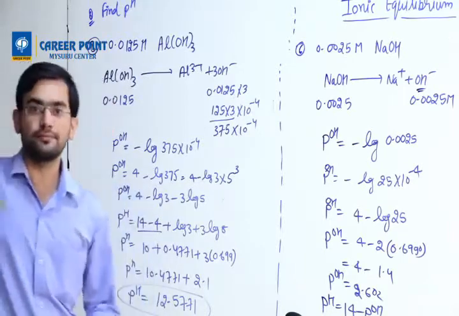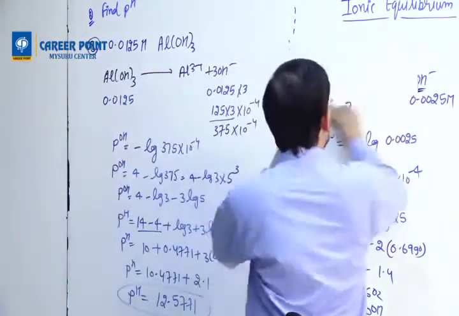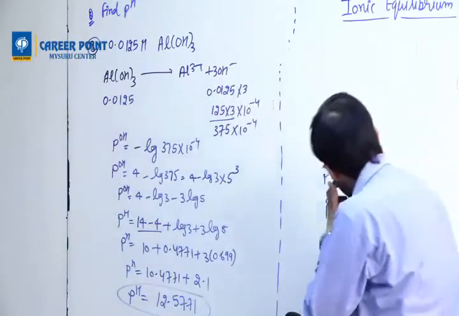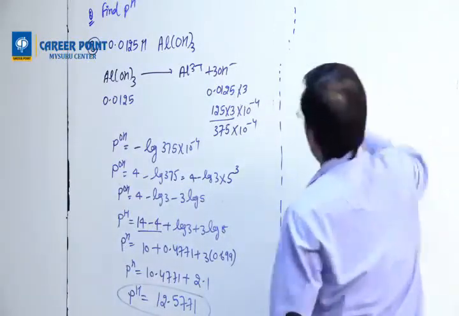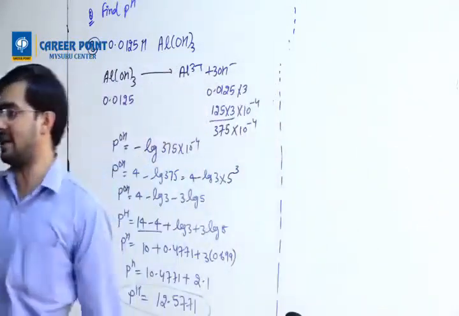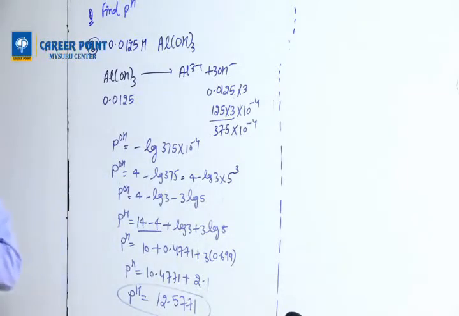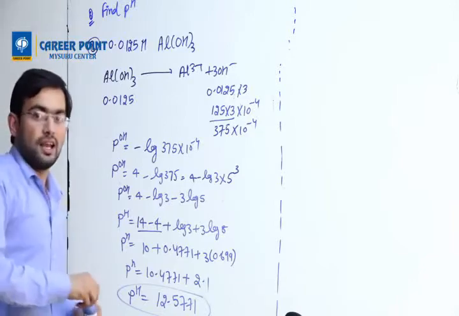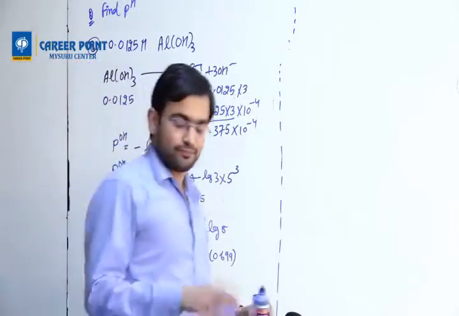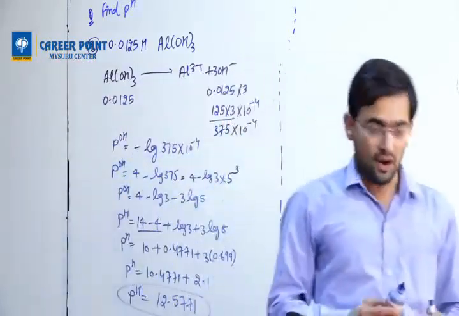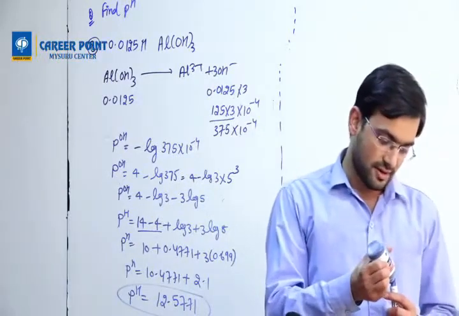Done? Okay, now once I finish this, we have a question of a different kind. What do I mean? Till now we were having only one acid or only one base, right?